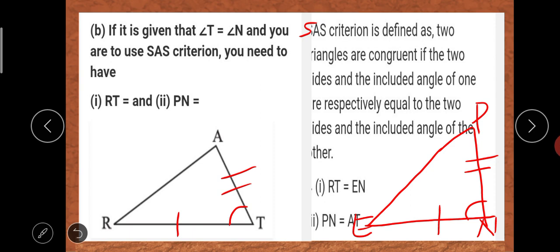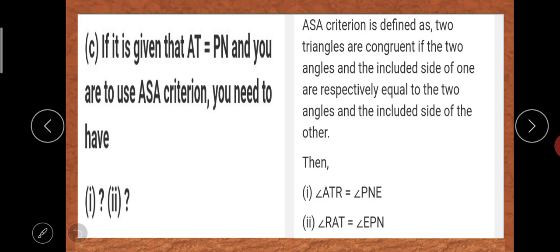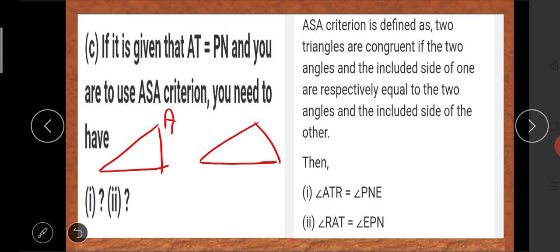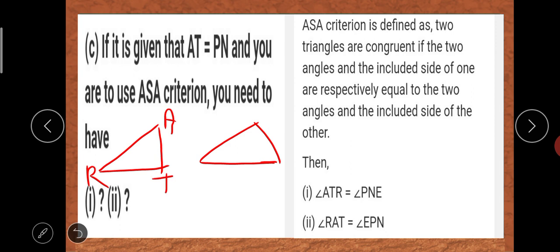Okay, next one. See, in the third one, what is given? If it is given that AT is equal to PN and you are to use the ASA criteria, what do you need to have? So again we will draw here only. What is given: RT and PEN.